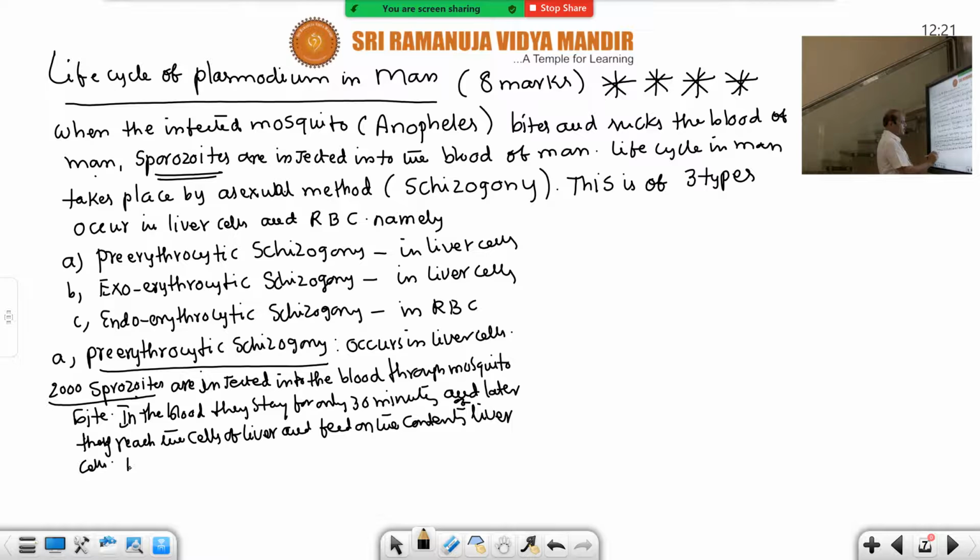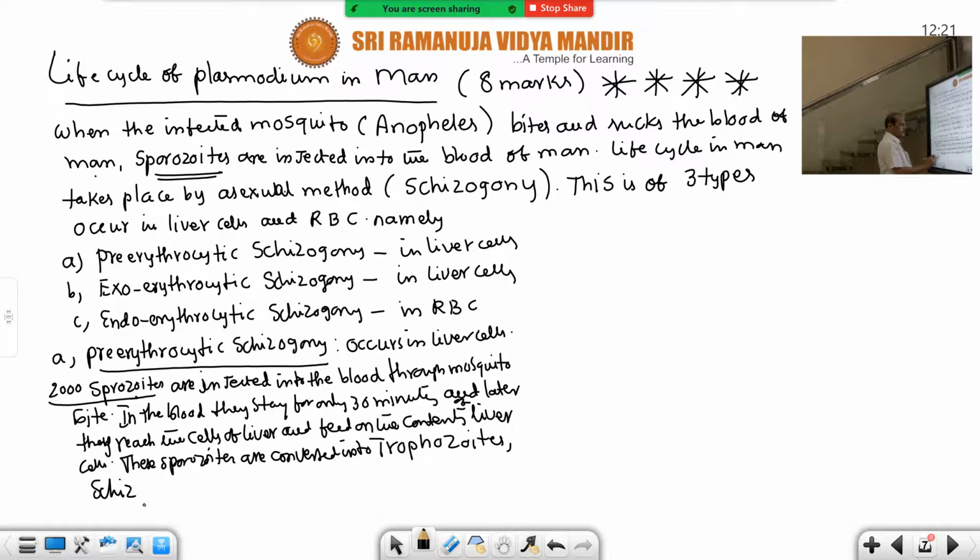These sporozoites are converted into 3 stages, you must mention. Converted into trophozoite, a feeding stage, which feeds on contents of liver.